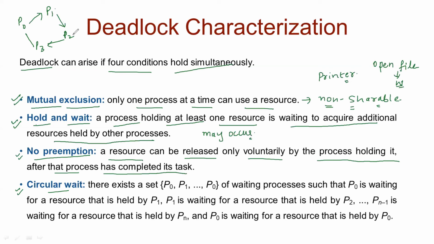P1 must be waiting for some resource held by P2. P2 is waiting for some resource held by P3, and so on. If this type of circular wait exists in your system, then this completes the necessary and sufficient condition for deadlock to occur. If all these four conditions hold simultaneously in your system, then a set of processes is definitely in deadlock in your system.